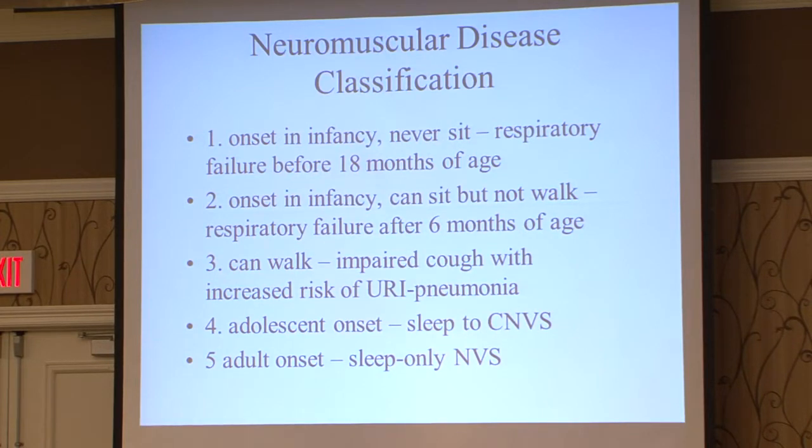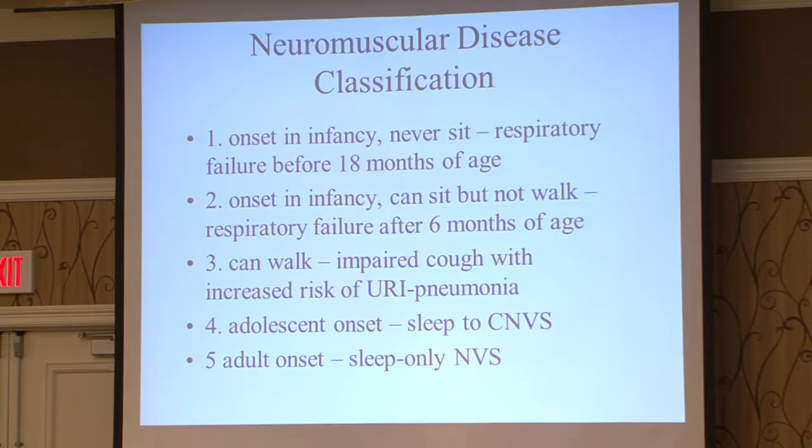Type 3, neuromuscular disease or Pompe's disease, can often be confused with limb-girdle muscular dystrophy because the child can walk for a period of time and maybe even into adulthood, but eventually loses that ability. In type 4, it's adolescent or early adult onset, and type 5 is later adult onset, which is really most common in Pompe's disease.